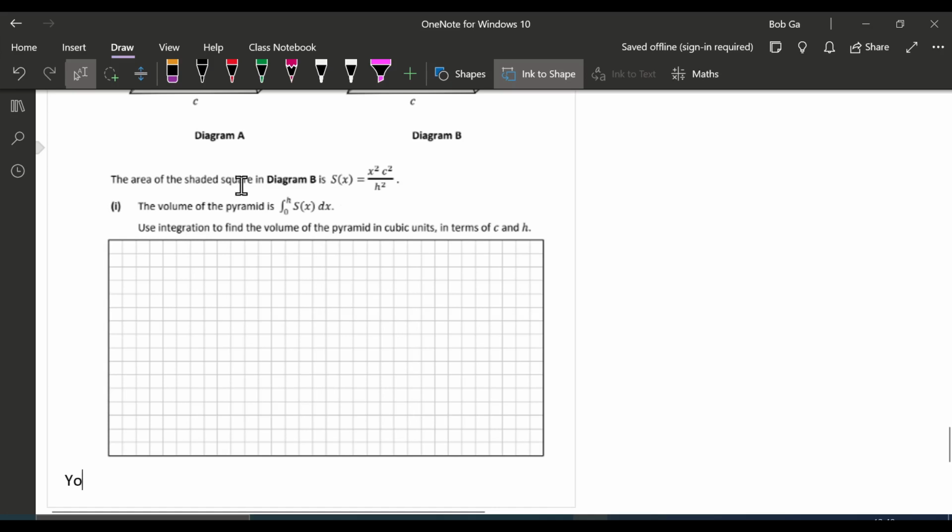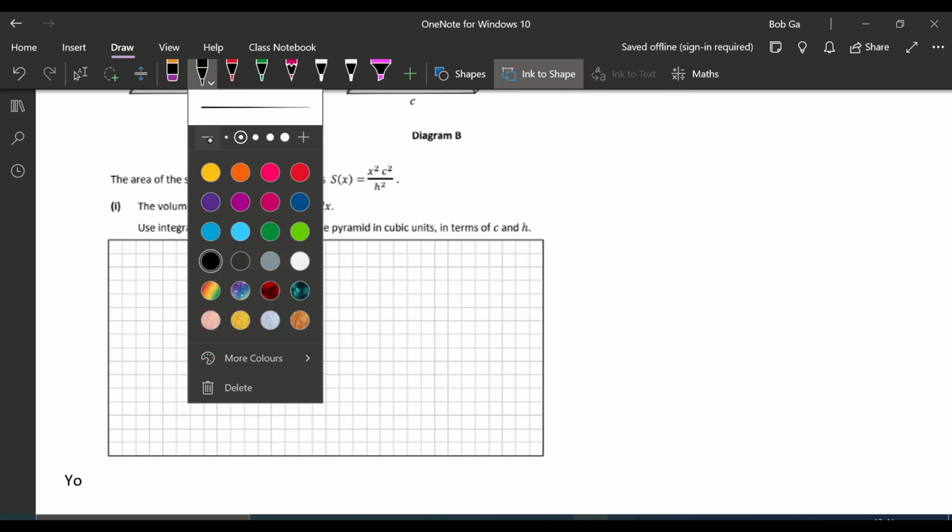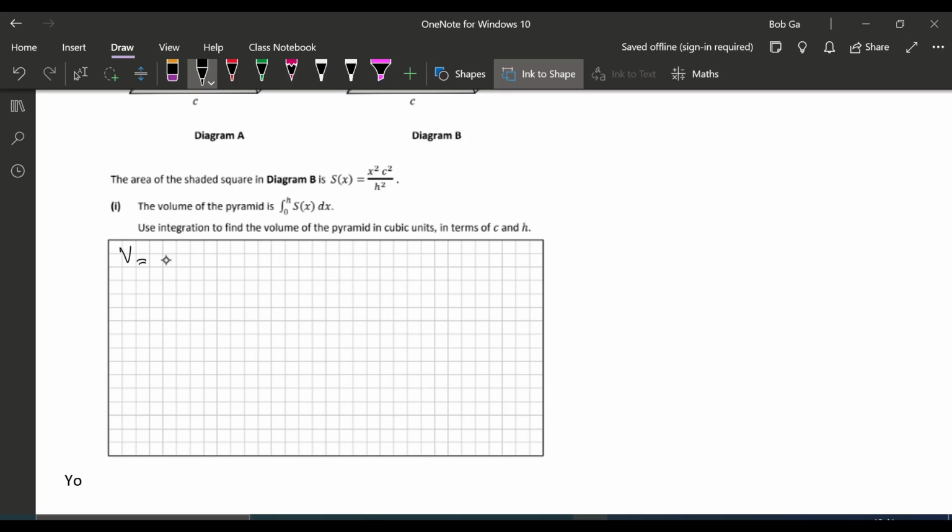So we can just say V is equal to the integral from x equals 0 to h of the function of x.